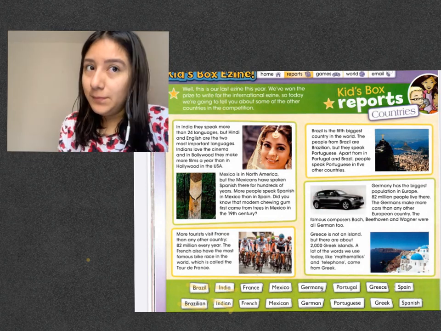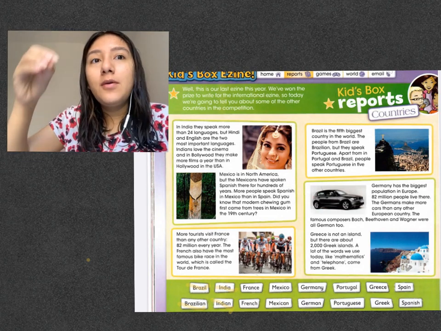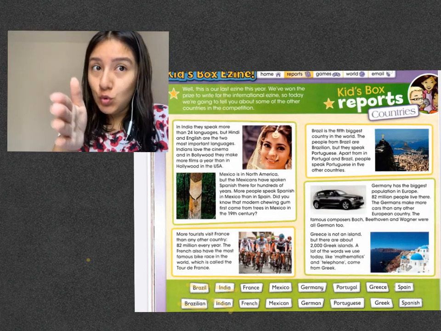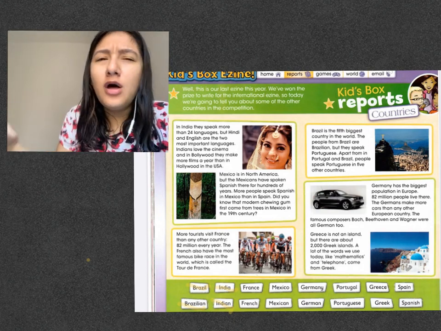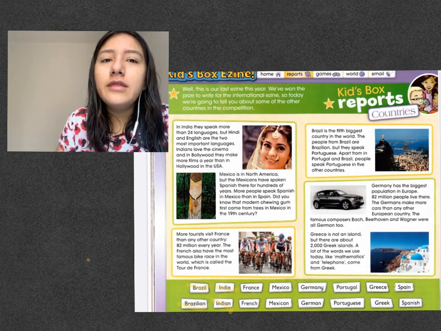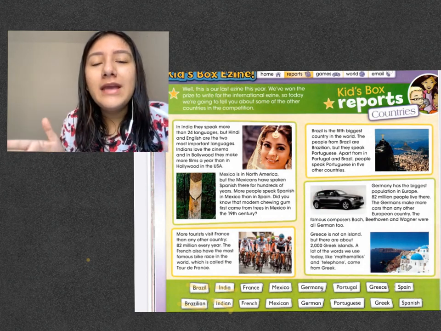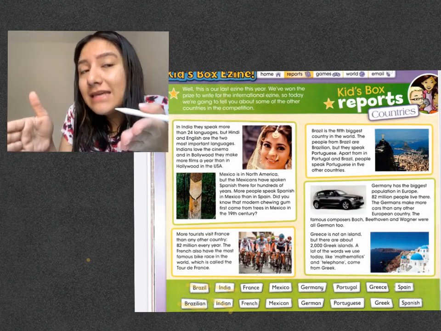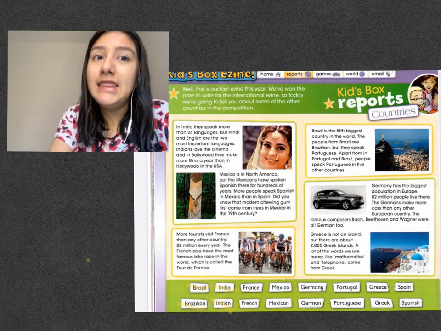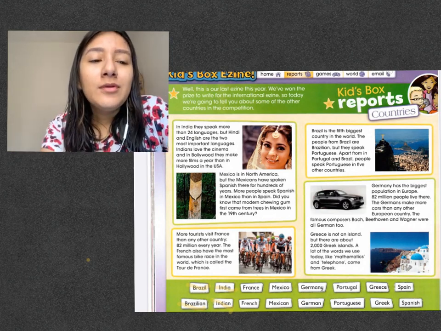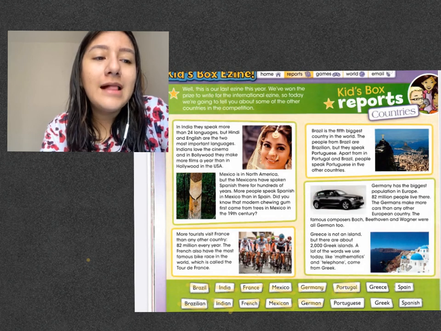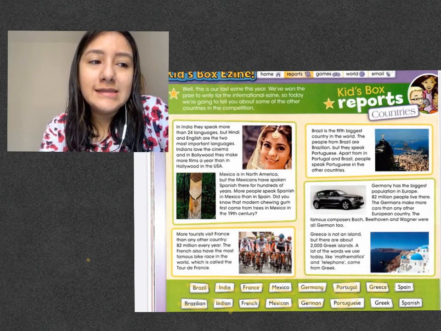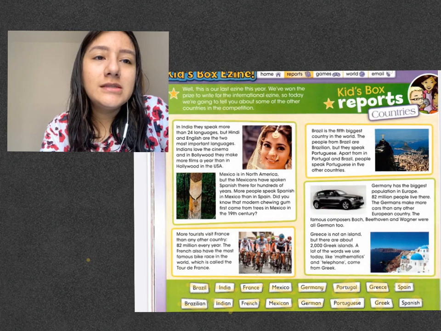It's very popular, so many people from India are Hindu, I mean, they have that religion, but others don't. So the correct way to call a person from India is Indian, as we can see in the book. And then we have France, French, Mexico, Mexican, Germany, German, Portugal, Portuguese, Greece, Greek, Spain, Spanish.